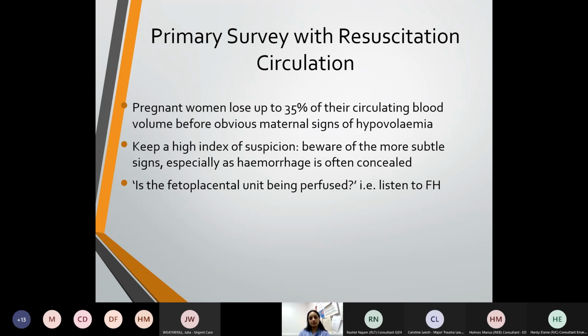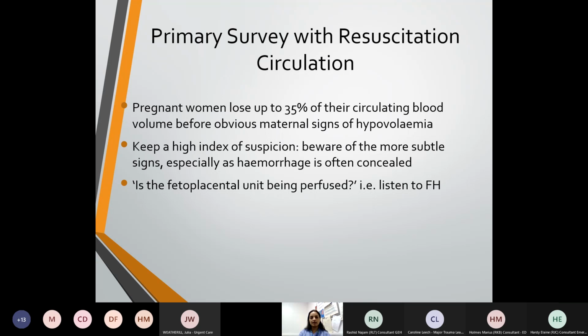What I'm talking about is the retroplacental hemorrhage, and that can be concealed even without trauma. Sometimes we find that the mother comes in with some other symptom, and we put the baby on the monitor, and we find the baby is showing some signs of not being happy inside. And then when we deliver that baby, we find that there was hemorrhage behind the placenta.